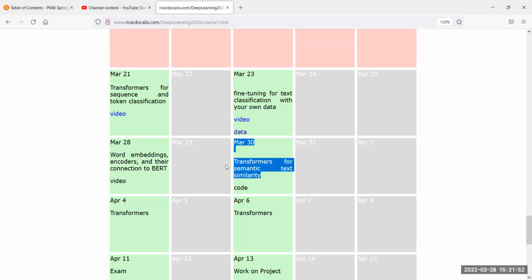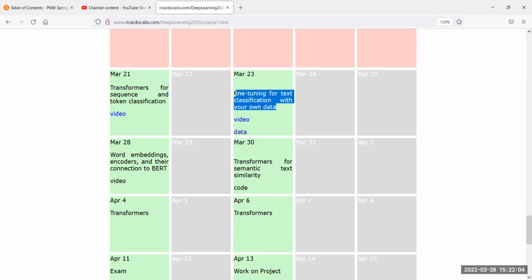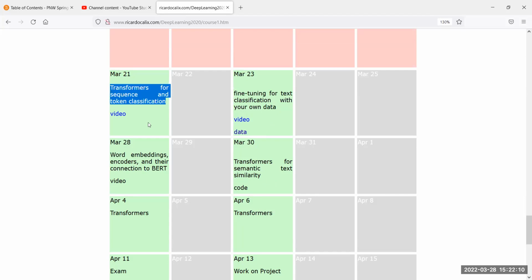And then the second half of it would be, of course, transformers for semantic text similarity, which is the unsupervised method, after phase 2 or fine tuning, if you want to call it that. And then this is what we covered last week, fine tuning for text classification with your own data. And then here, sequence and token classification. So that's basically where we are.